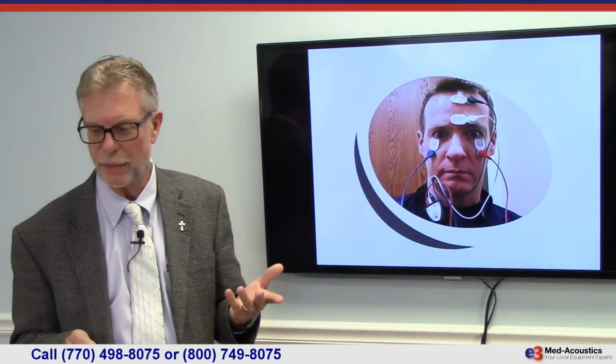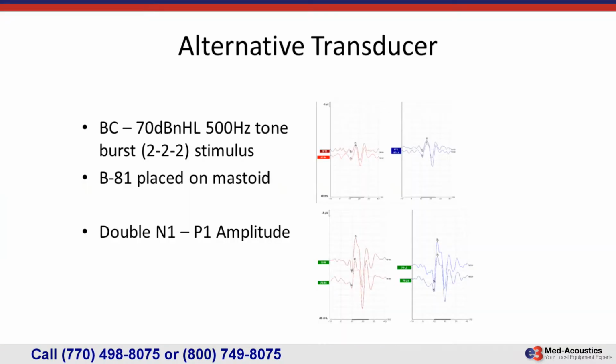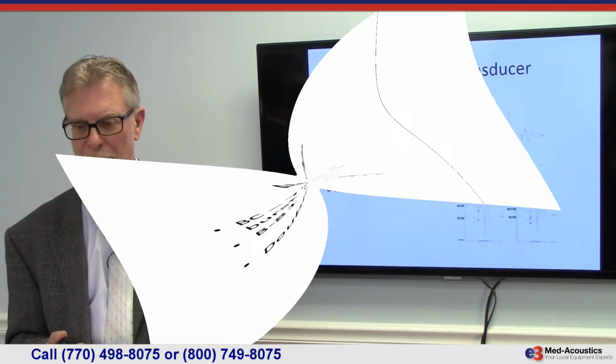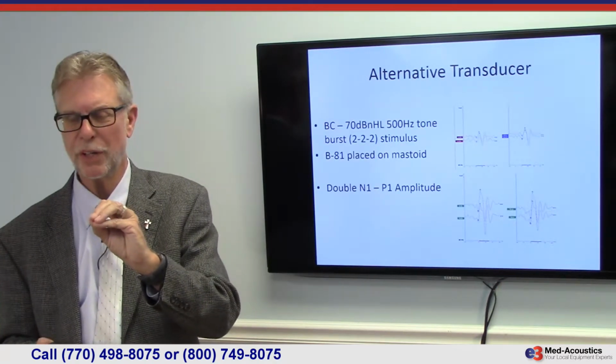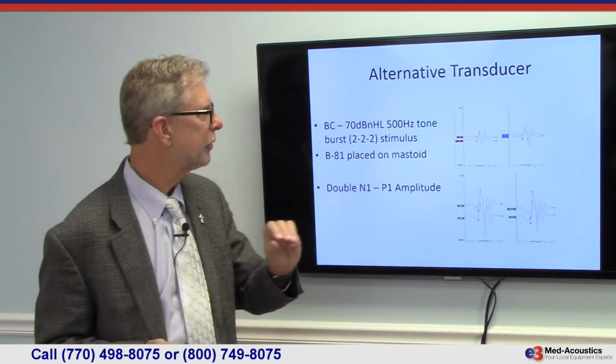And there's even an alternative transducer that could be used. There's a study going on right now using bone instead of air conduction for an OVEMP. It has to be a particularly strong bone vibrator. In fact, it's a B81 to give you enough of an output for a 500 hertz tone burst.